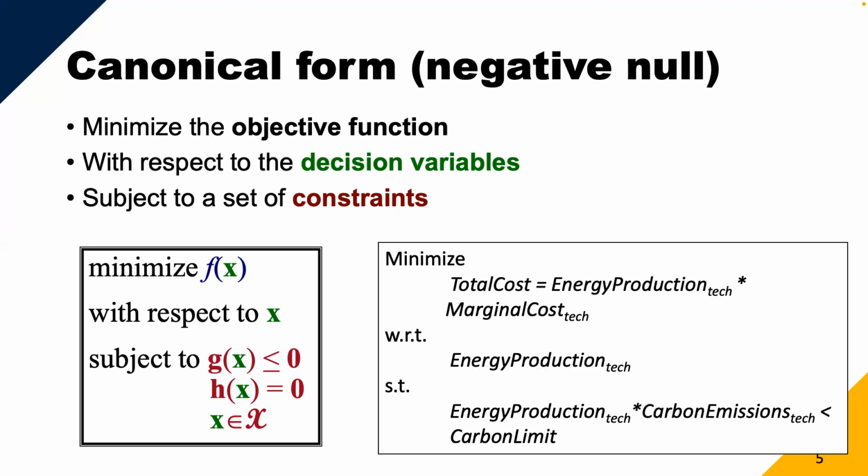Think more conceptually here. I'm trying to minimize this. What value of this would you choose to make this as low as possible? Yeah, I would choose negative infinity, right? Because that would be the smallest value you could get for total cost.